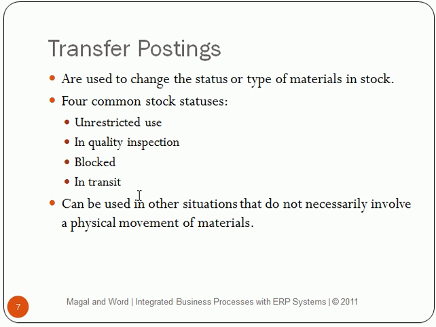In that case you do not owe anything, and originally the status of the material is consignment. Then when you are about to use it for production, you change it into unrestricted use, and later you may change it to something else, but that doesn't require any physical movement of the material. It's just a change in the status of the material.